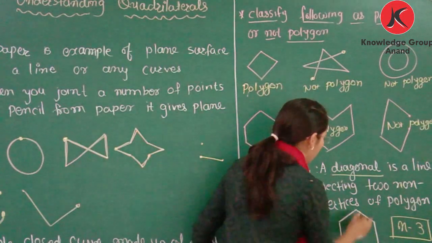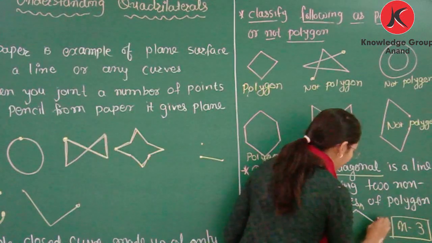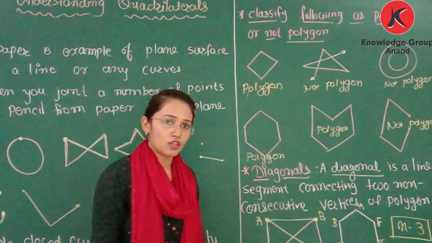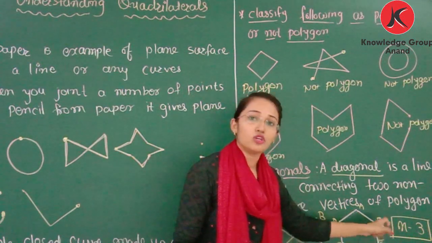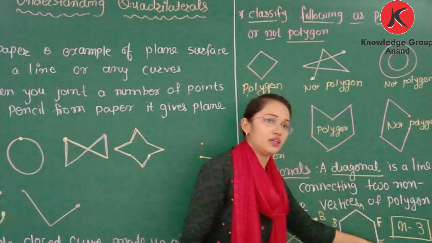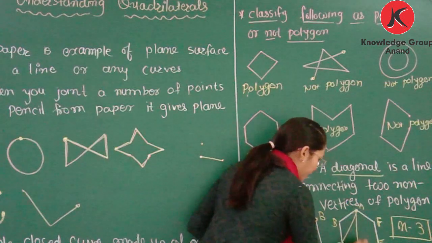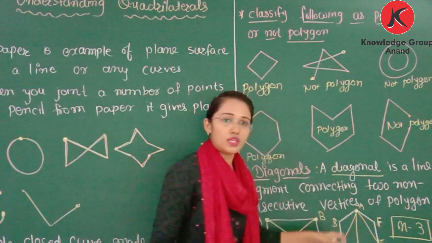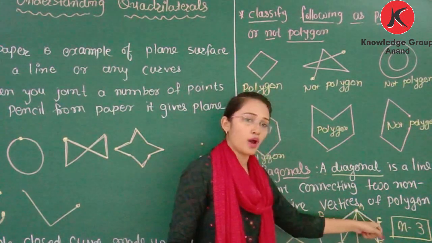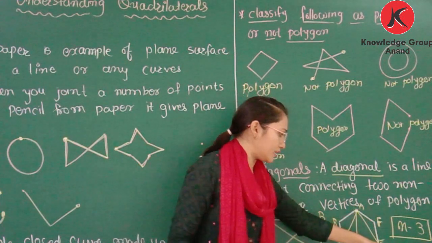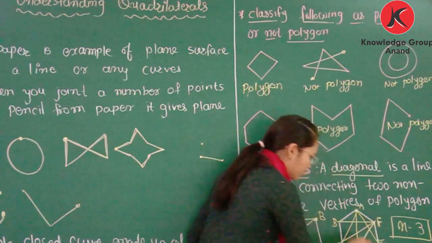One more shape here. A hexagon is given. So if we say these vertices are A, B, C, D, E, F. Then what are the consecutive vertices of A? B and F. Non-consecutive will be C, D and E. So the line segments that join non-consecutive vertices are A to C, A to D and A to E. These are the diagonals drawn from A. Now from F, consecutive are A and E. So remaining are B, C and D. Clear?